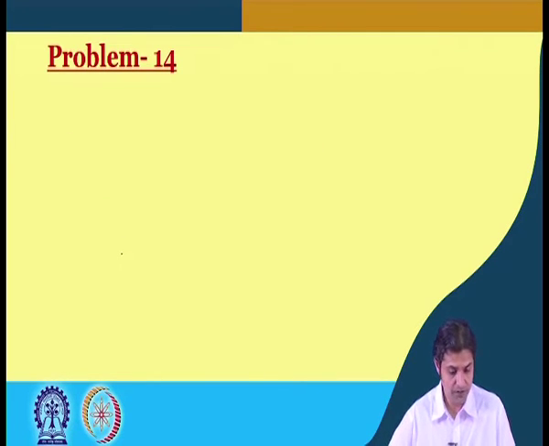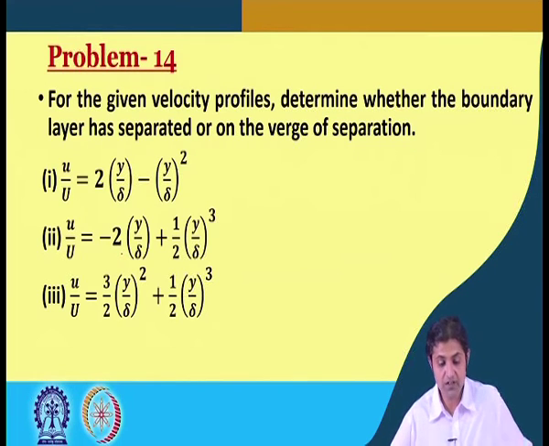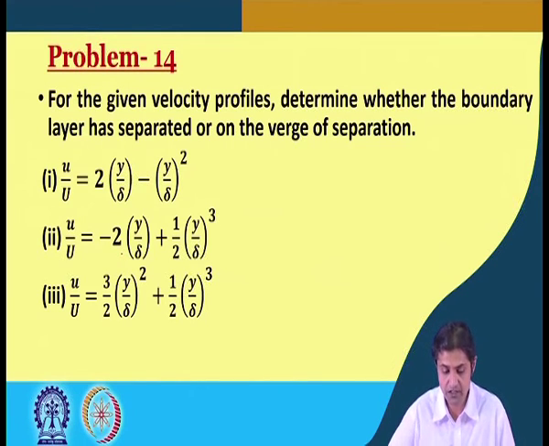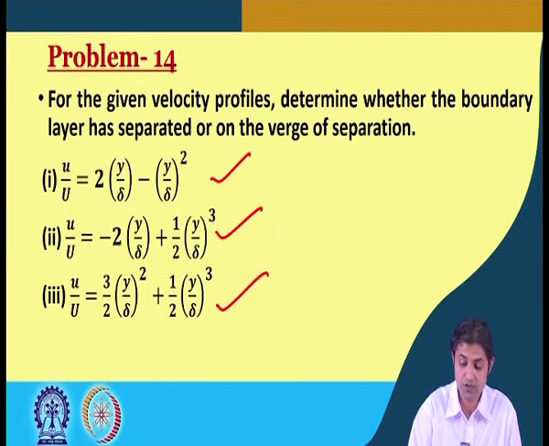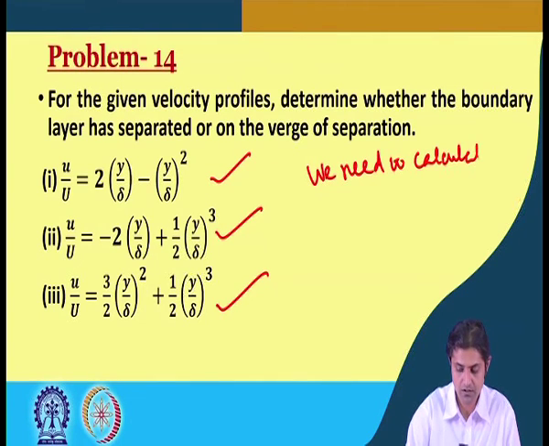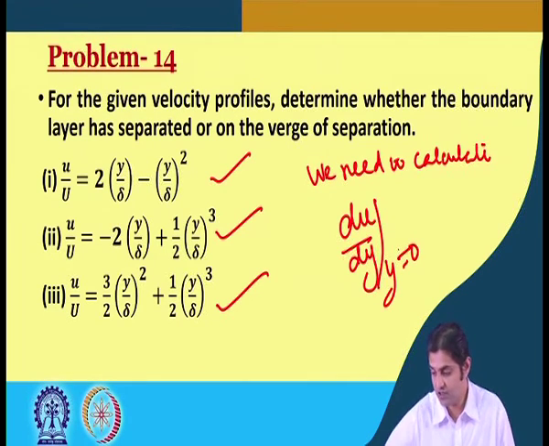So now we are going to solve two problems related to that. One is, for the given velocity profiles, determine whether the boundary layer has separated or is on the verge of separation. So, these are the three velocity profiles. Very simple. In these velocity profiles, we need to calculate du/dy at y equal to 0. Simply, if it is negative, it has separated.